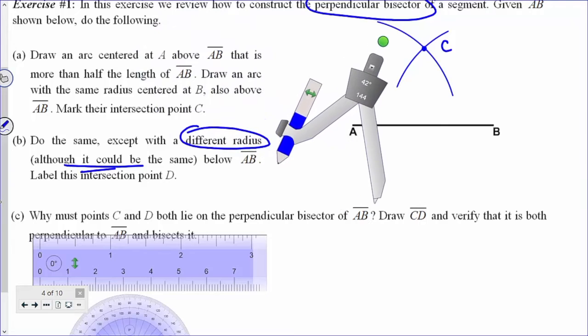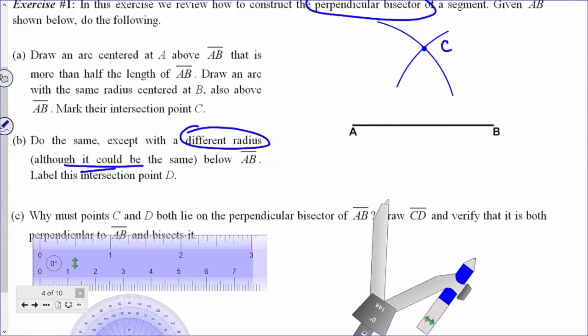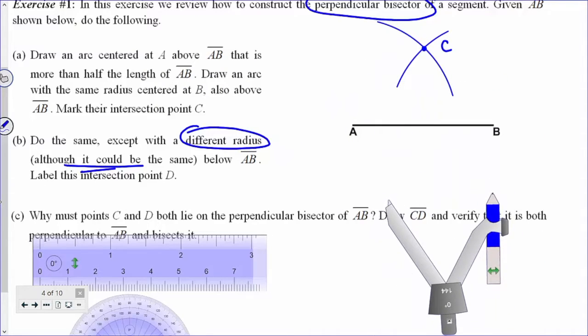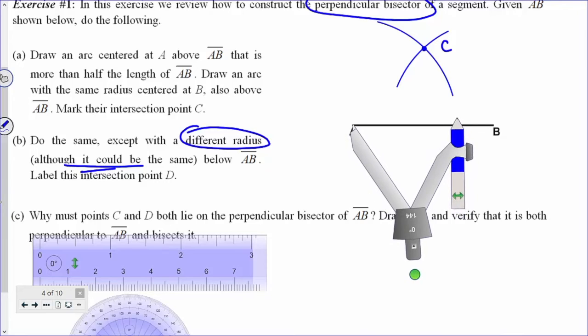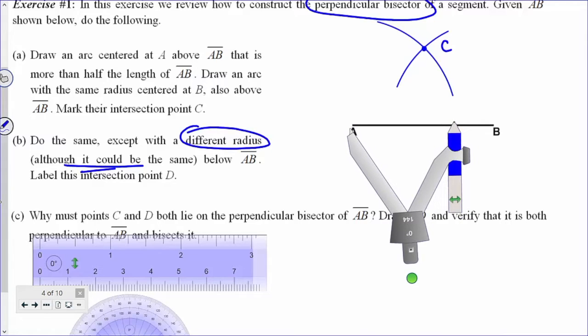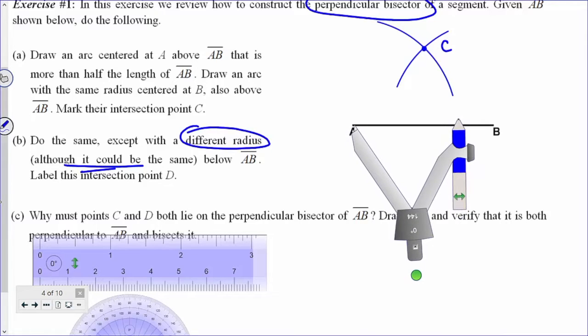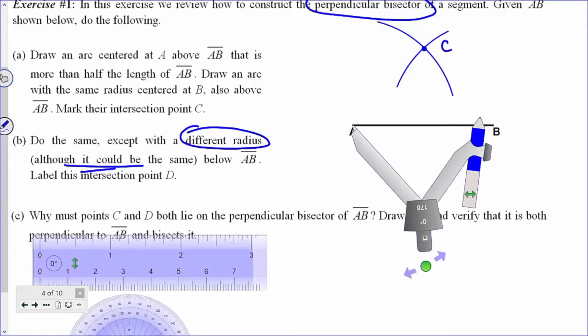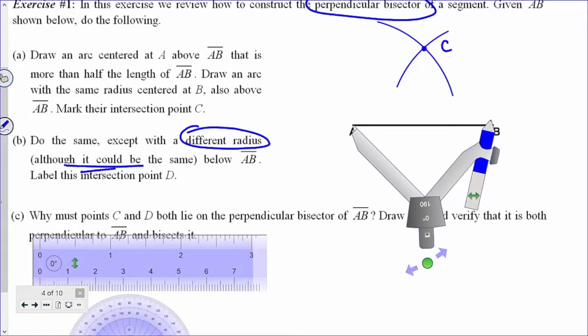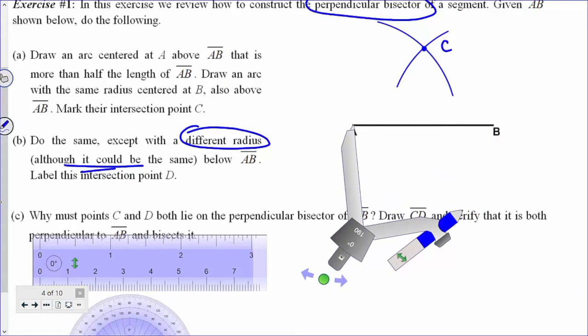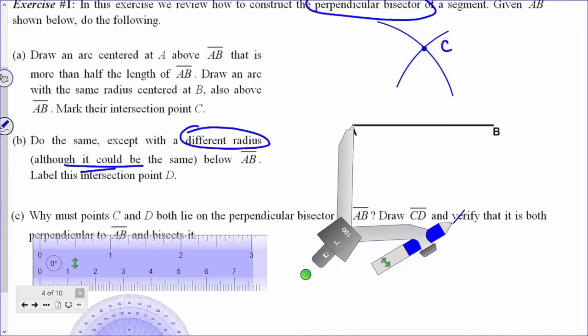But let's get those other two arcs drawn. All right, so I'm going to swing this thing all the way around so that it's upside down. I'll put it at A. Maybe I'll even stretch it out so that it's more or less all the way to B. Yep, and now I'm going to draw an arc somewhere down here.